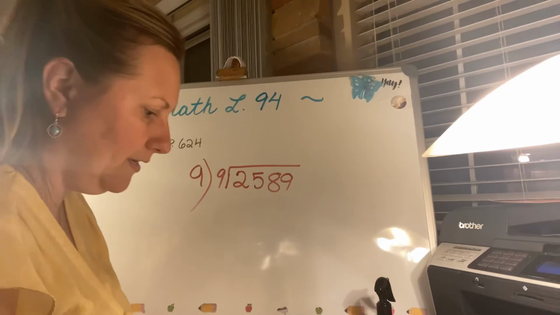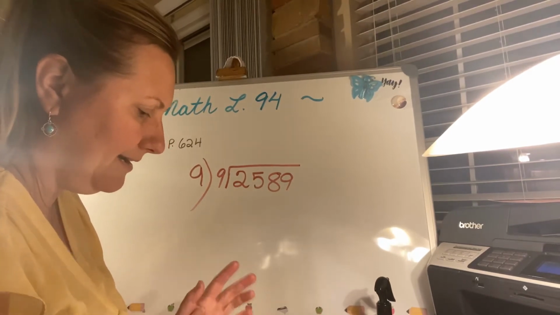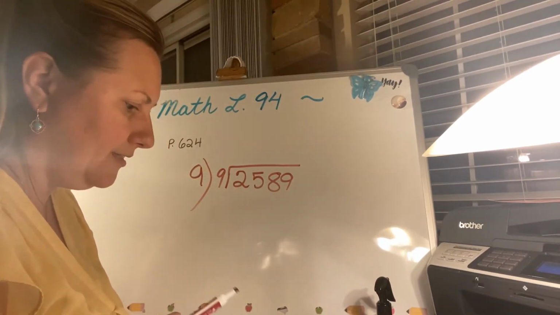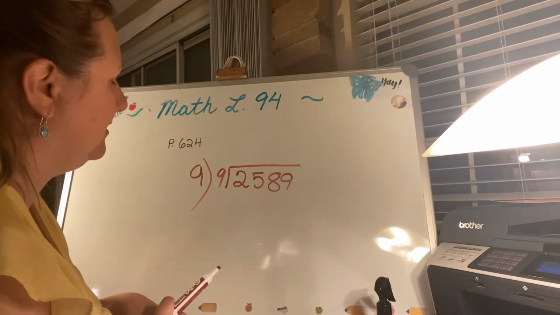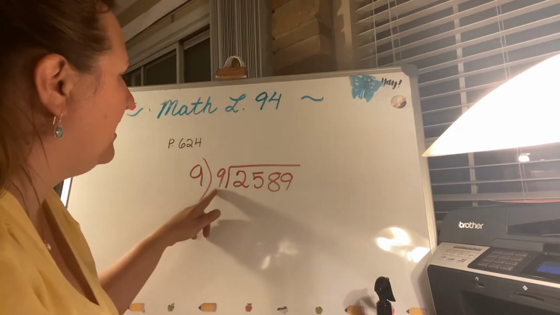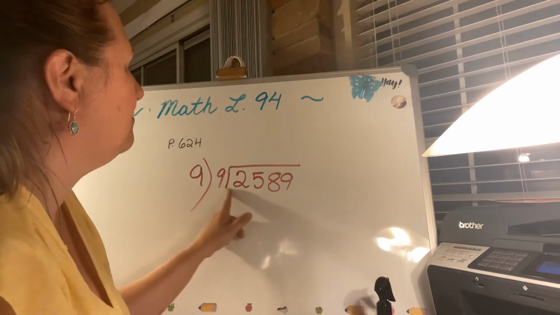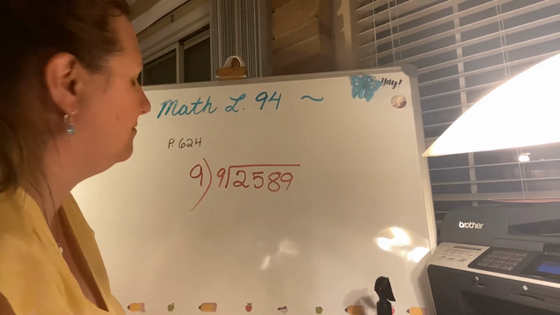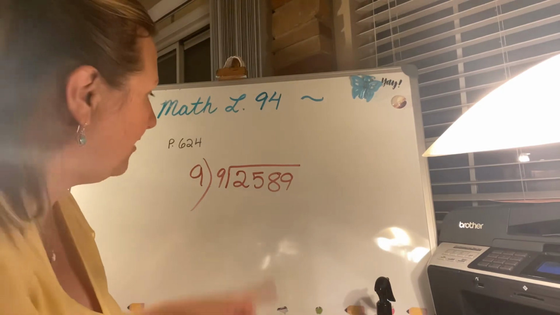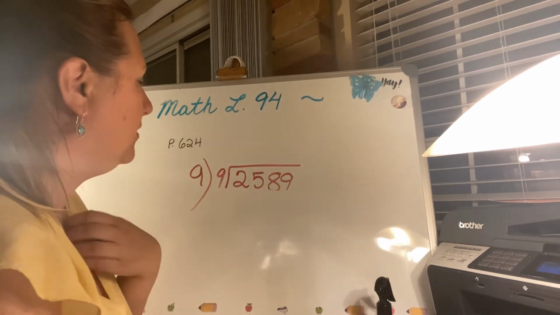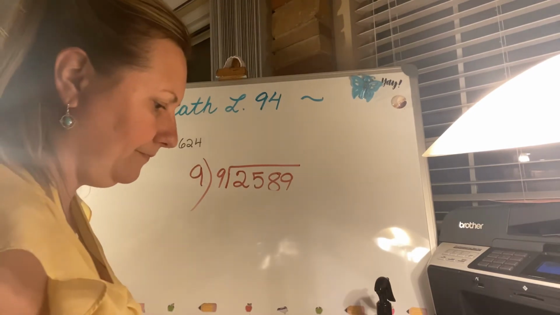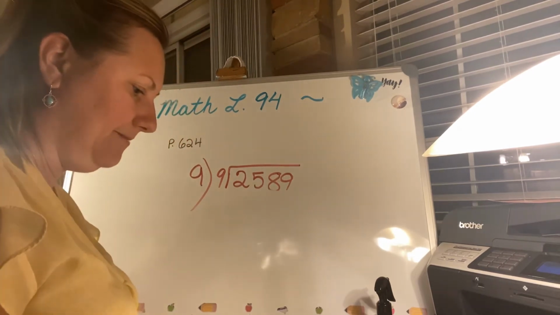That's the problem. 2,589 divided by 9. One person said it's 30, the other 300, the other 3,000. So let's see. Would it be 9 times something that's 1,000? Probably not, right? 9 times even 1,000 would give us 9,000. So that doesn't seem right.